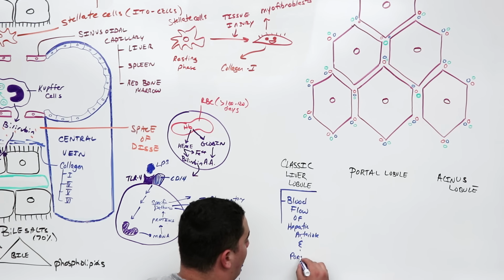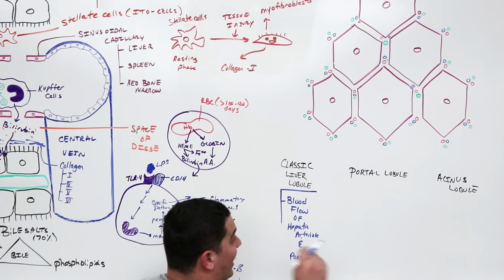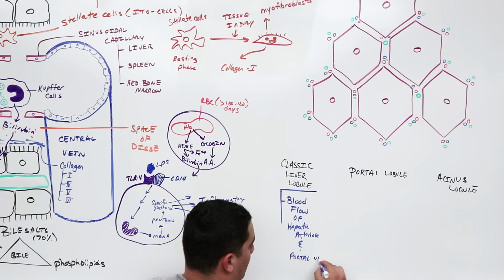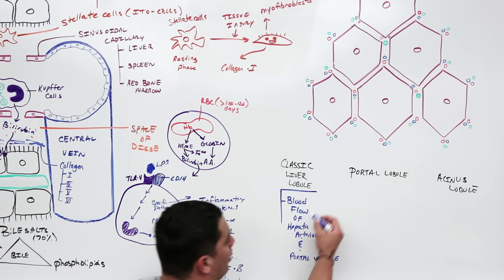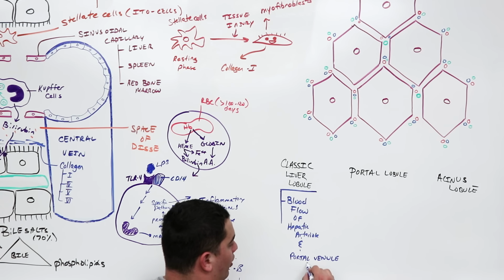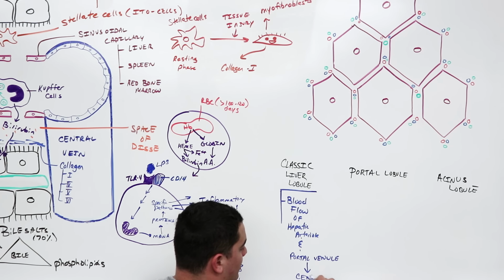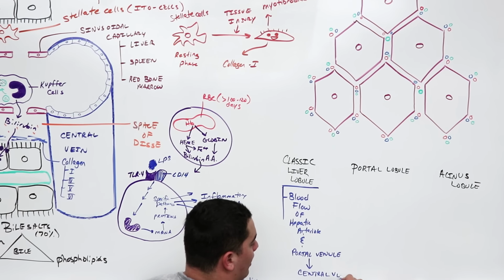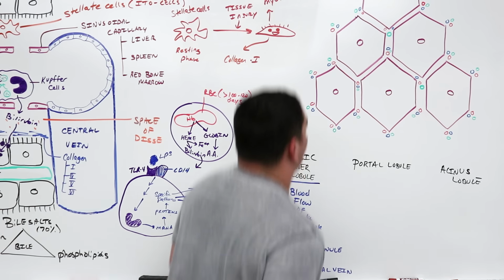It's looking at how that blood is flowing from these toward the central vein. Okay, so it's looking at the blood flow of the hepatic arterial and the portal venial to the central vein.